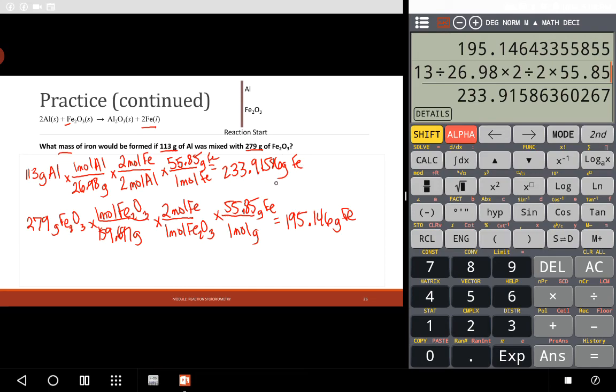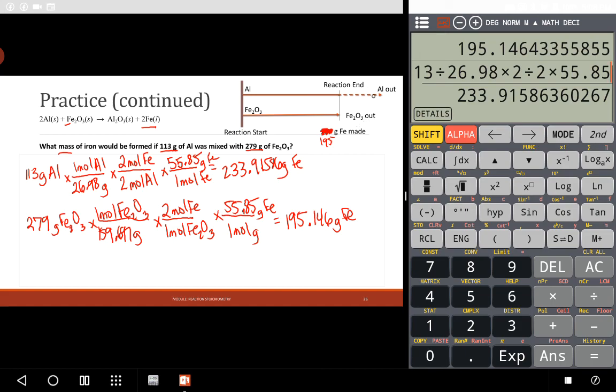So how do we interpret this math? If we look at this and we're trying to use up our 113 grams of aluminum and our 279 grams of iron 3 oxide, kind of like starting a race, and then after we make this, that should say 195 grams of iron, then we run out of our Fe2O3.